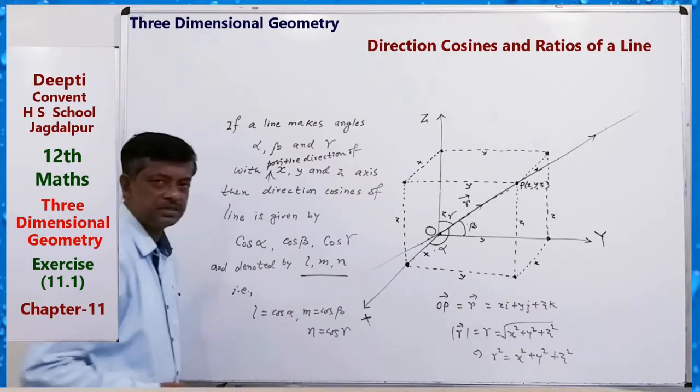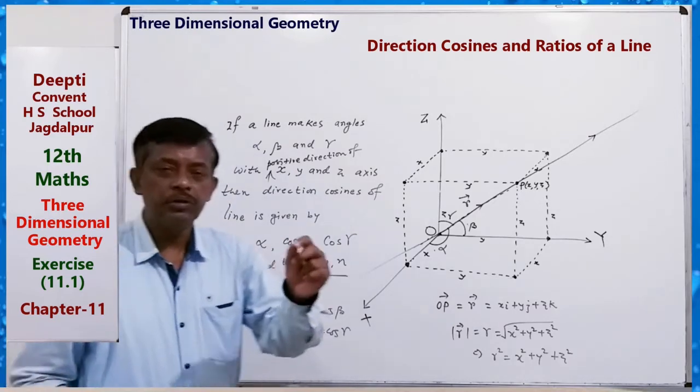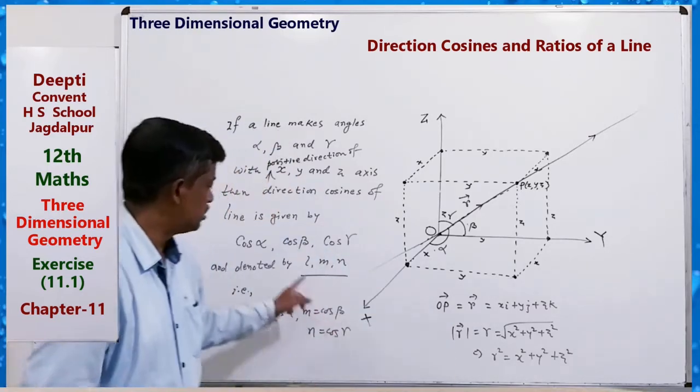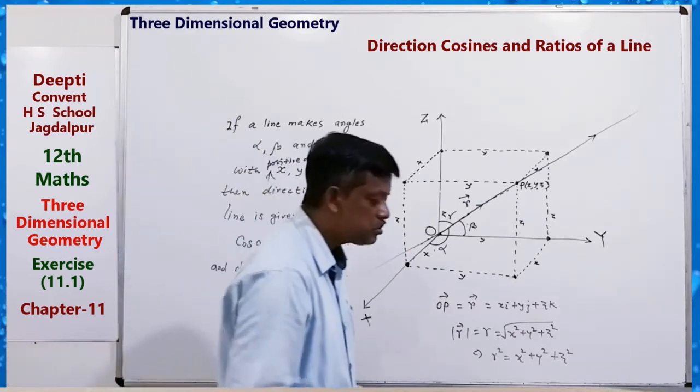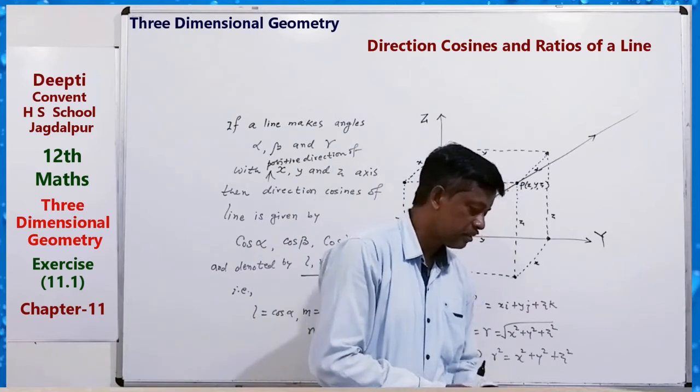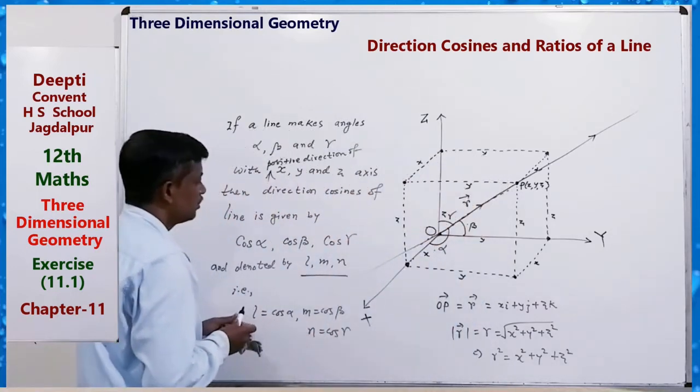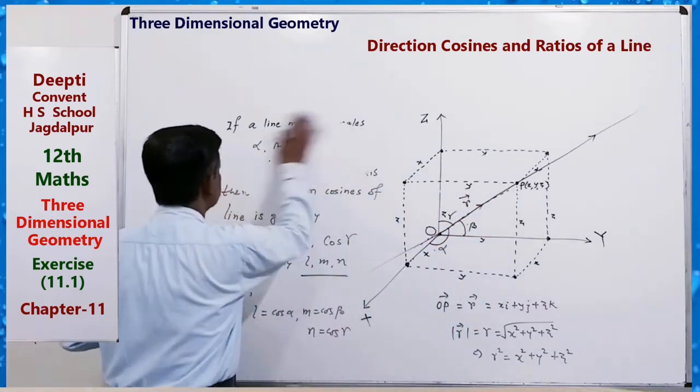These are three numbers. The numbers which are proportional to the direction cosines are known as direction ratios of the line.